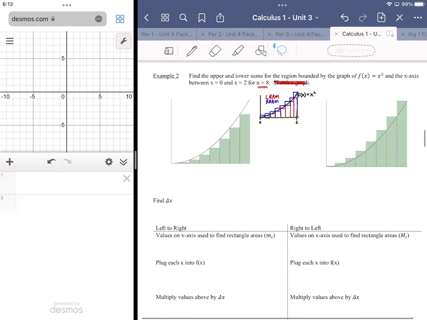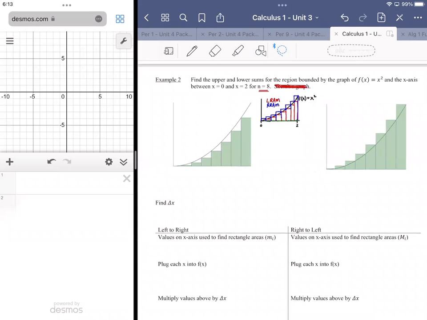For this situation here, we're working with 8 subintervals. So we know that whether we're working from left to right or right to left, we're going to have 8 rectangles, beginning at 0 and ending at 2. It won't always be 0 and 2 as the beginning and end; it's just saying here between 0 and 2.